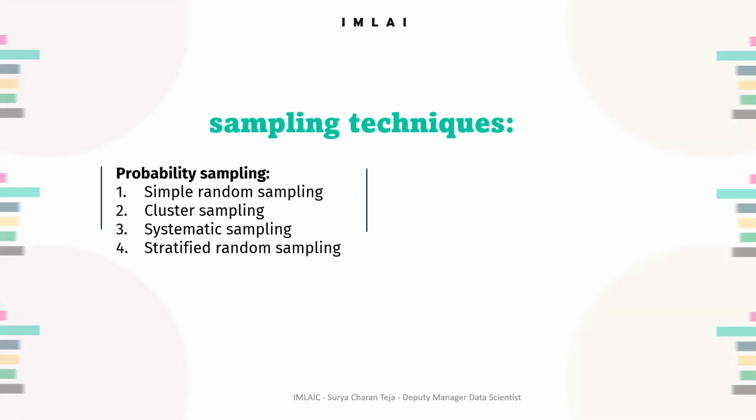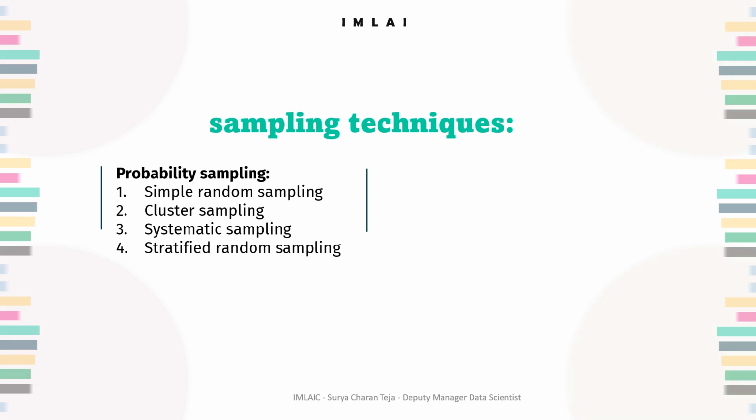Then individuals are randomly selected from each subgroup in proportion to their representation in the population. I'll repeat this. First we make some subgroups from the population. We call them strata or stratum, based on a specific characteristic.